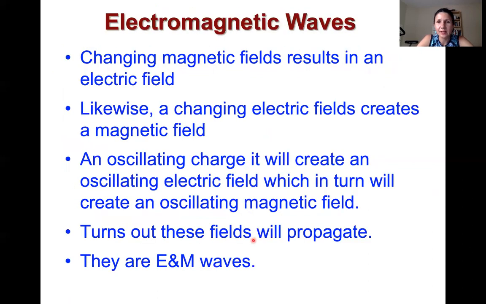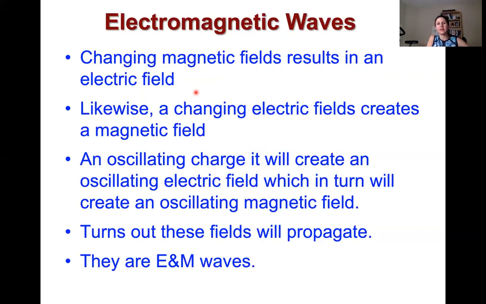All right. So now we arrive to the very last topic, which is a good concluding point of this course. So what are electromagnetic waves? So what have we learned? We've learned just now that changing magnetic fields result in an electric field. How do they result in an electric field?